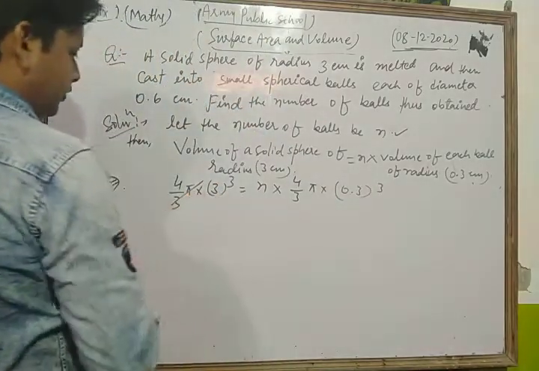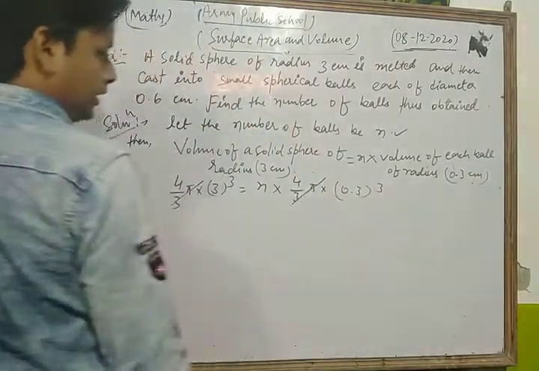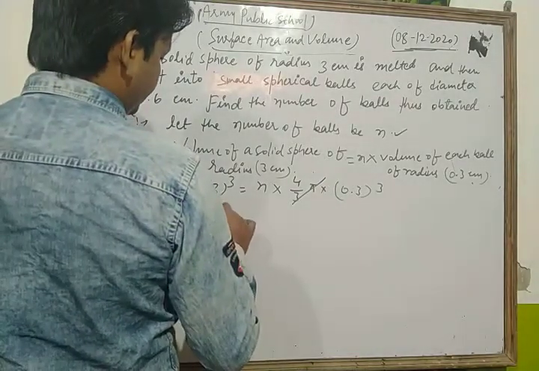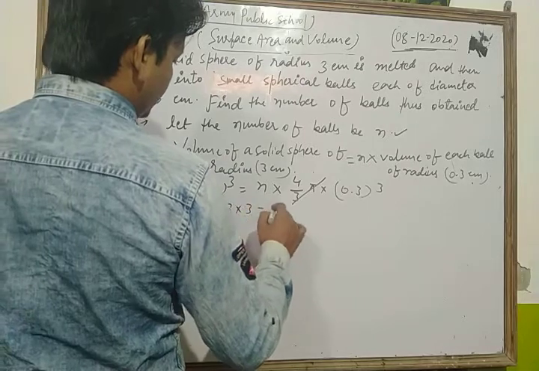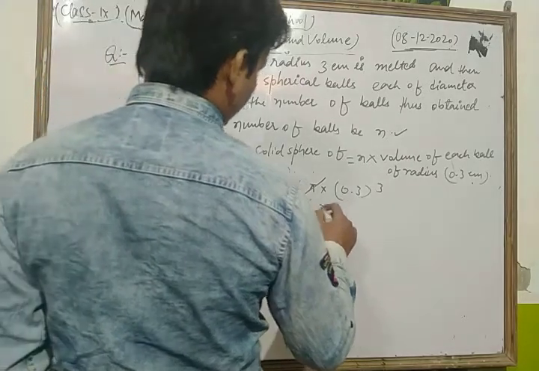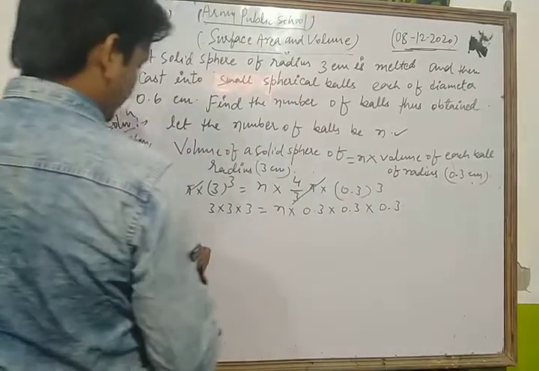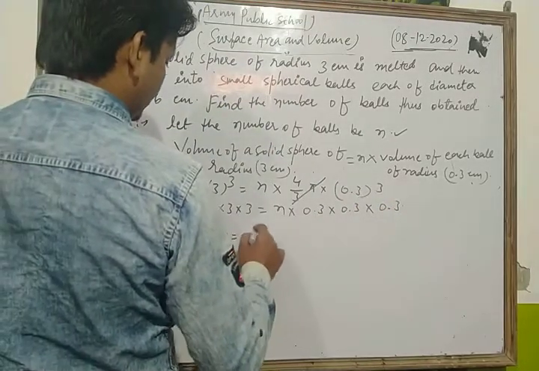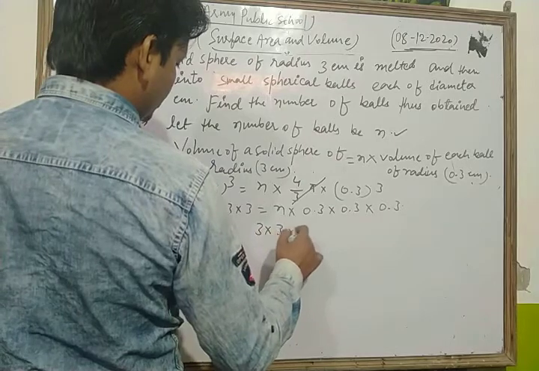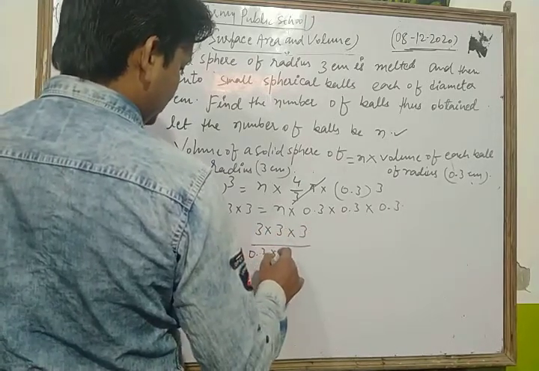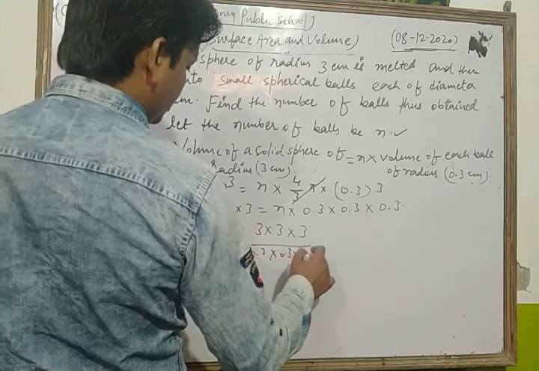Here 4/3 pi cancel to each other. So we get 3 into 3 into 3 is equal to n into 0.3 into 0.3 into 0.3. Thus the value of n is 3 into 3 into 3 divided by 0.3 into 0.3 into 0.3.